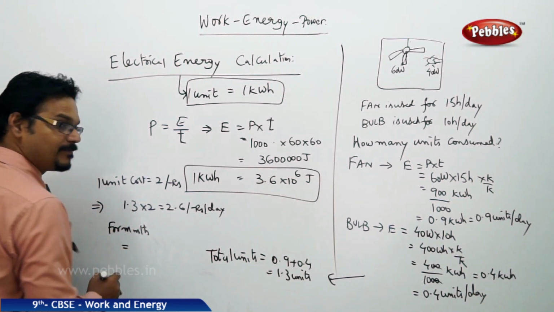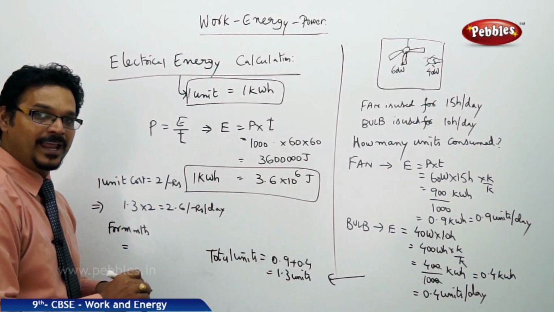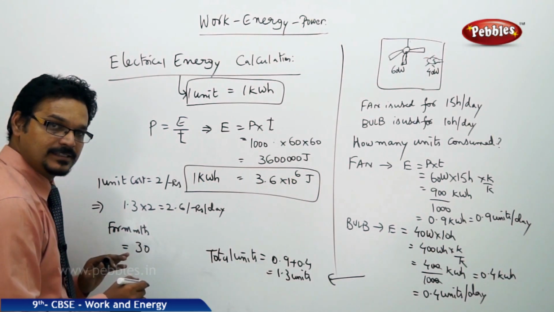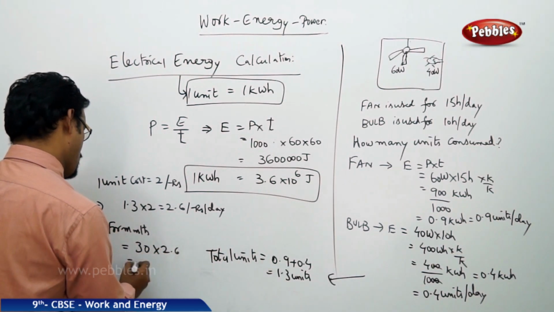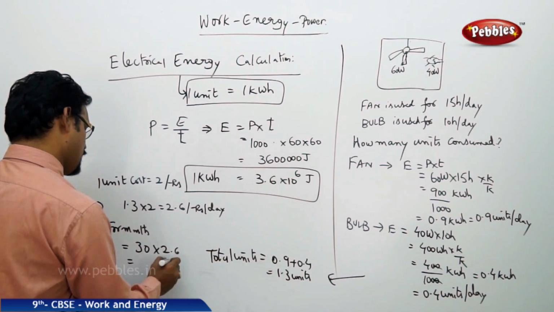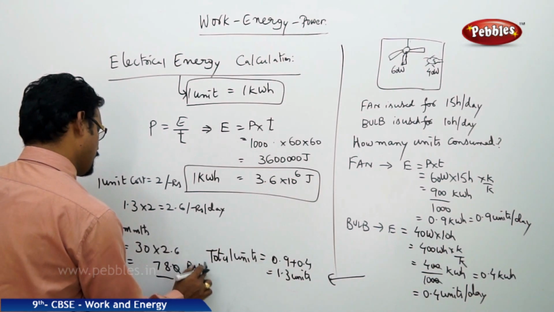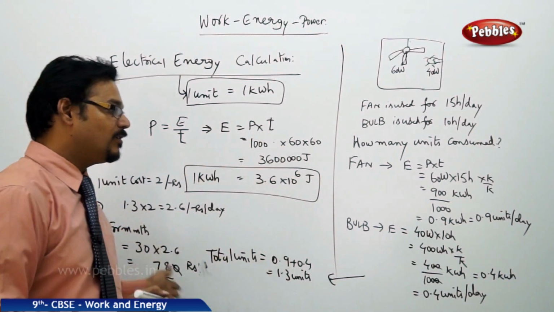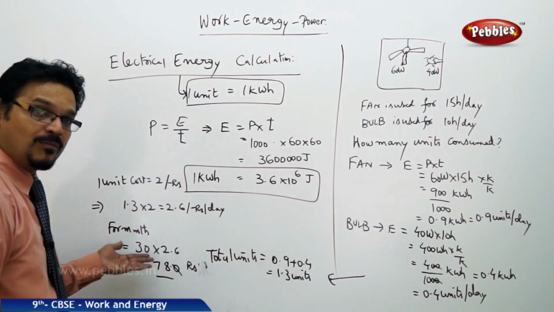You know that. Stop this video and do the calculation, then play again and check the answer. For a month we take 30 days into 2.6. So how much is this? It is nothing but 78 rupees per month. That's how we can calculate the number of units you consumed and the amount you need to pay.